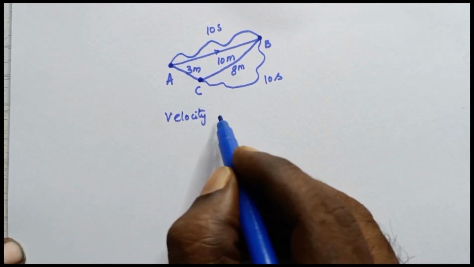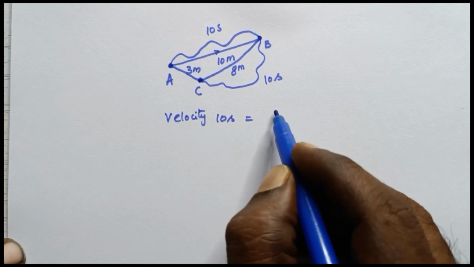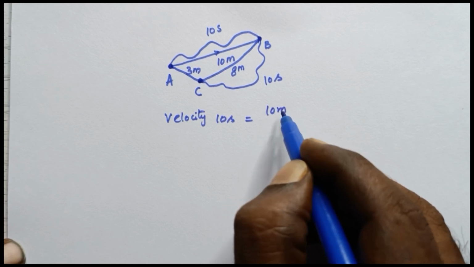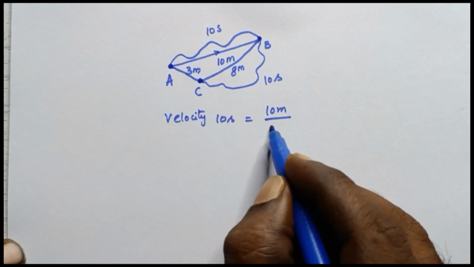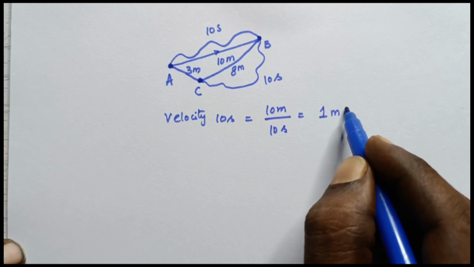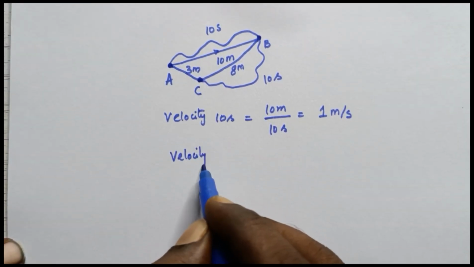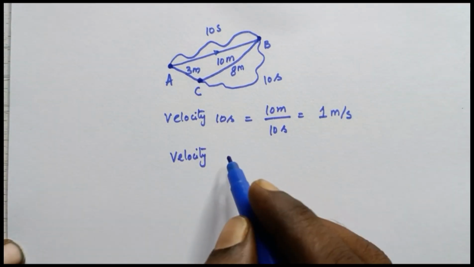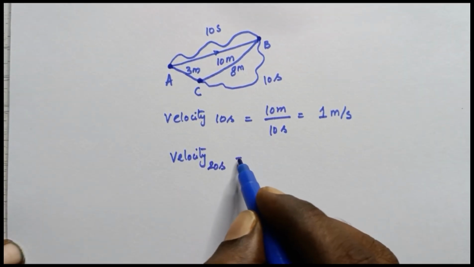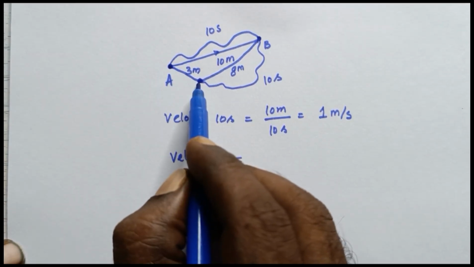Velocity of the body in the first 10 seconds is equal to the shortest length, 10 meter, over time, 10 seconds. So, this is equal to 1 meter per second. What is the velocity of the body in the time interval of 20 seconds? This is the initial position, this is the final position.